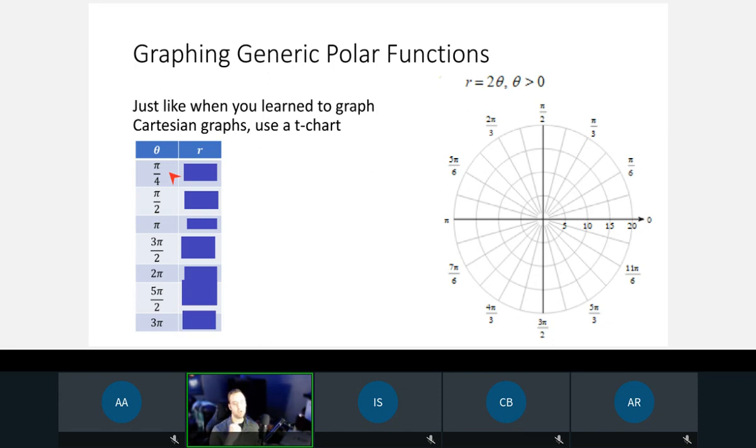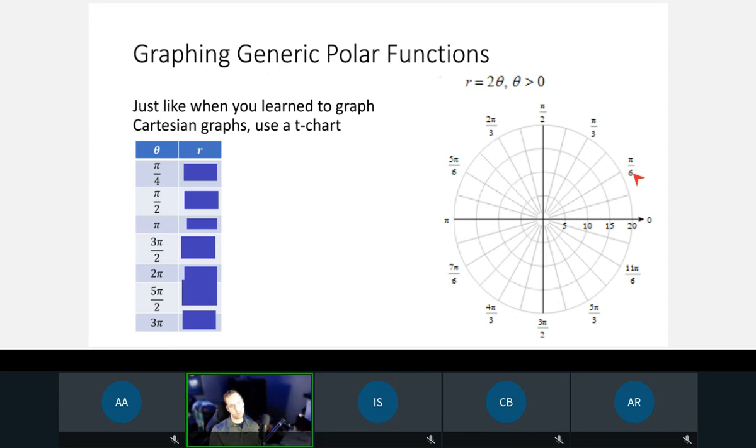You can use any values for your points. You don't want to go from 0 to pi to 2 pi, because then you're just doing half a rotation. That won't give you enough points. I think going up by pi over 4 is good, and that way you're going from quadrant 1 to quadrant 2 to 3 to 4, and then you just keep going around the circle.